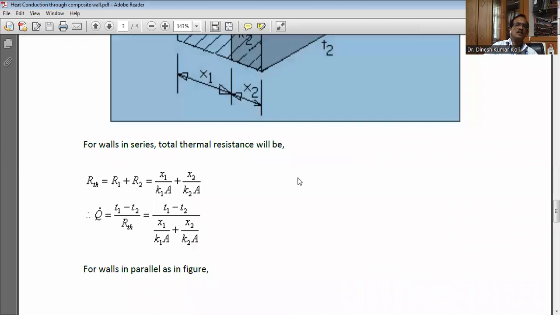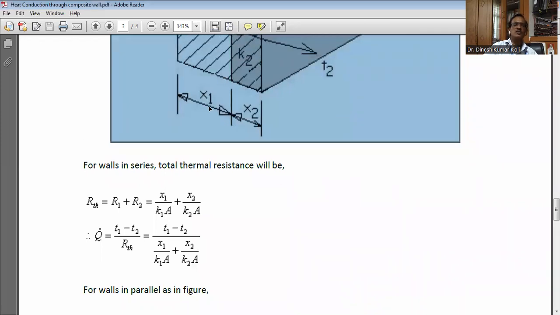In this case, we are seeing there are two thicknesses. For plate 1, thickness is x1, and for plate 2, thickness is x2. For the first plate, thermal resistance will be R1, and for the second plate, thermal resistance is R2. It is x1 by k1A for the first plate and x2 by k2A for the second plate. Then what is the heat flow rate? It is the total temperature difference upon the total or overall thermal resistance.